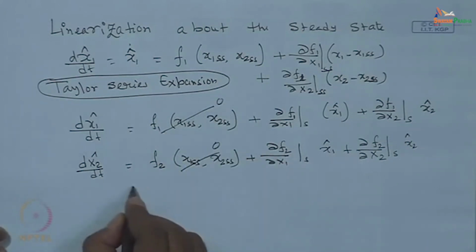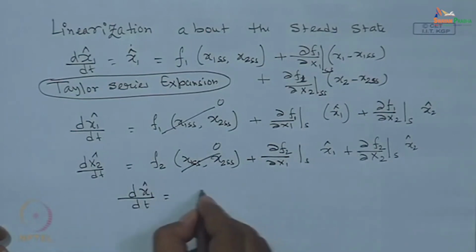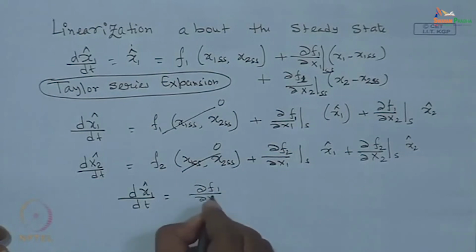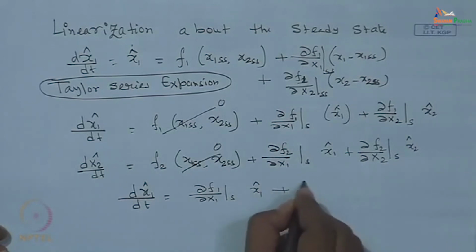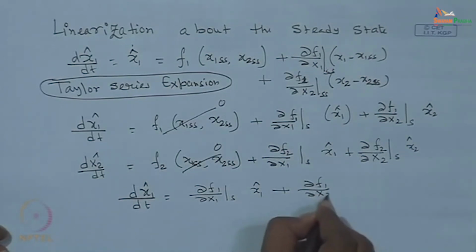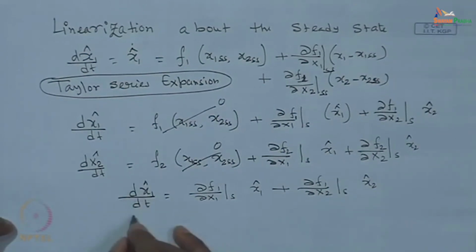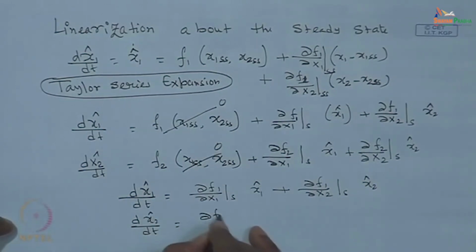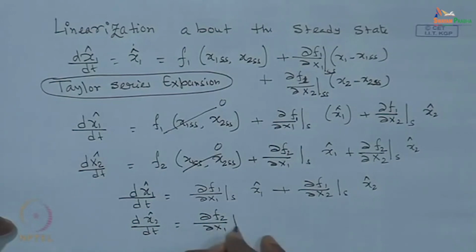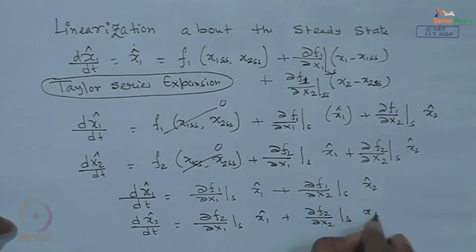So, the neat and compact form will be dx1 hat dt in the deviation variables will be del f1 del x1 evaluated at steady state times x1 hat plus del f1 del x2 evaluated at steady state times x2 hat, and dx2 hat dt will be nothing but del f2 del x1 at steady state times x1 hat plus del f2 del x2 at steady state times x2 hat.